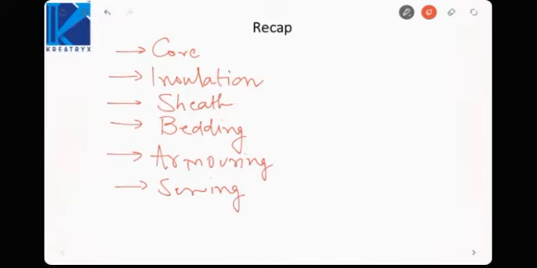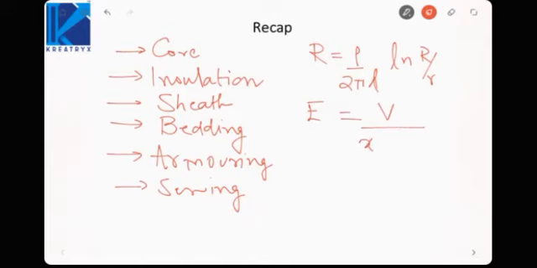Then we saw the insulation resistance, which was rho by 2 pi L ln R by r, where capital R is the sheath radius and small r is the conductor radius. Then we saw the electric field distribution, which we derived as V by x ln R by r.